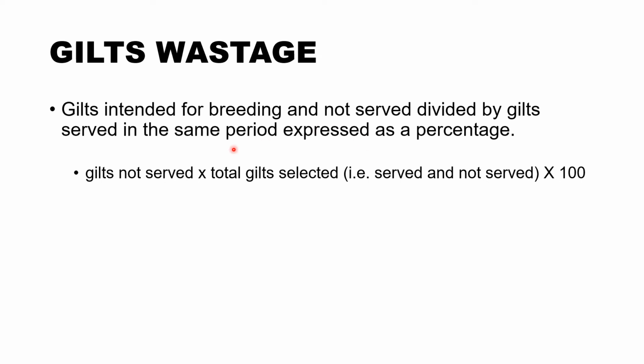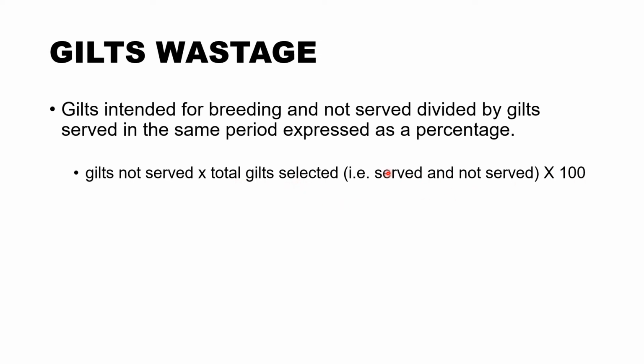So, it should be gilts not served divided by the total gilts selected, then times 100. The total gilts selected includes both served and not served, all gilts that are ready for breeding, whether already bred or not yet.